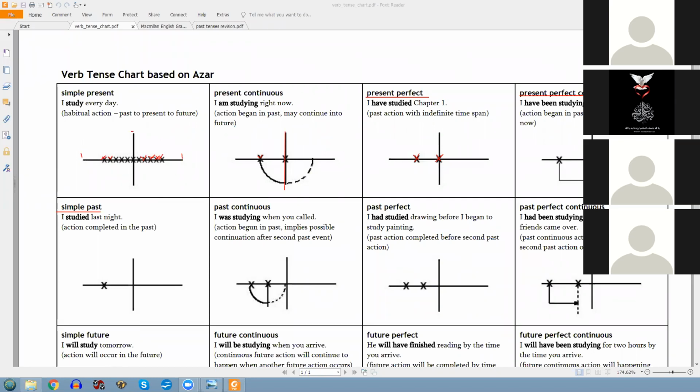So, the patient has been taking his medication for 2 years. A patient has been having palpitations since 2016. If it's ongoing, that's the tense that we use. Now, that's pretty straightforward so far, I think.